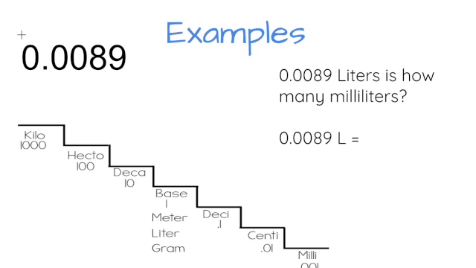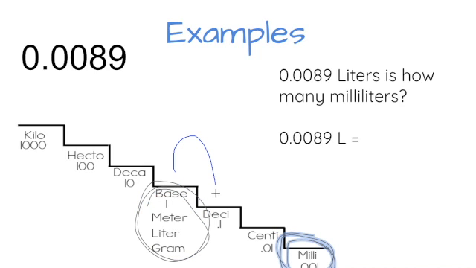Okay, now that you've had a minute to solve, let's see what our answer should be and see if your answer matches. We are given liters, so we're starting at our base right here. We are going to milliliters, so this bottom step right here. 1, 2, 3. There we go.